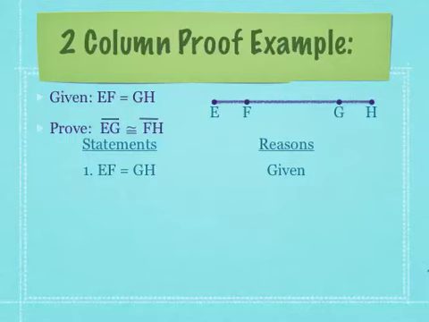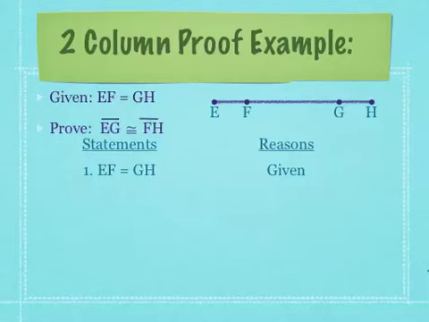If you look at the segment that they give us, we're trying to prove that EG is congruent to FH. If you notice, EG would be segment EF plus segment FG, and then segment FH would be segment GH plus segment FG. Notice that both of these segments are sharing the segment FG.